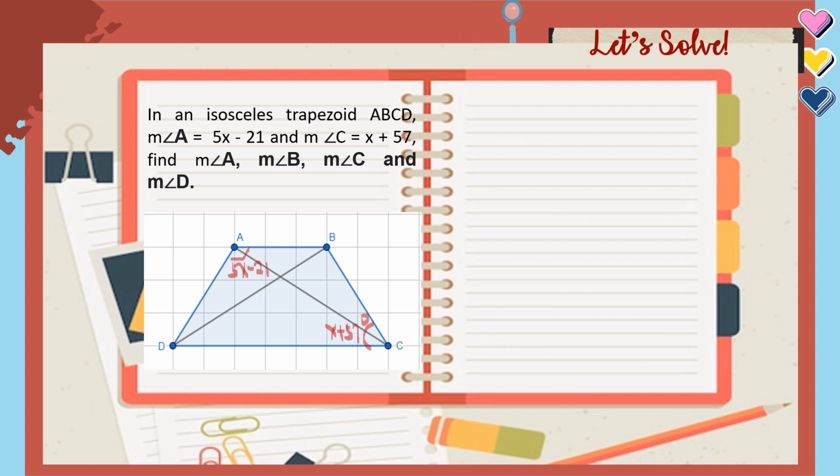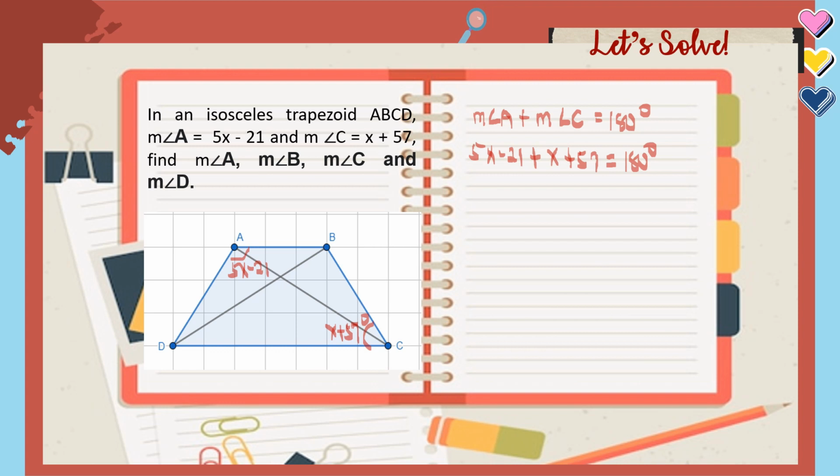By Theorem 2, opposite angles of an isosceles trapezoid are supplementary. So the measure of angle A plus the measure of angle C is equal to 180 degrees. Angle A is 5x minus 21, plus angle C, x plus 57, equals 180 degrees.